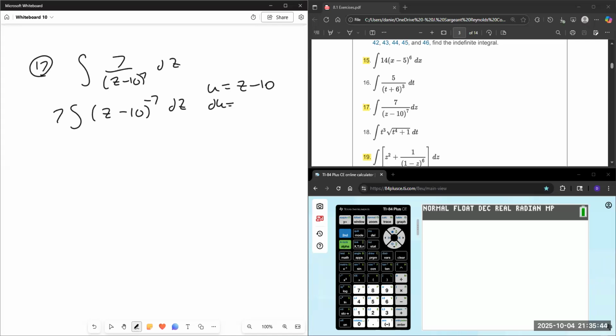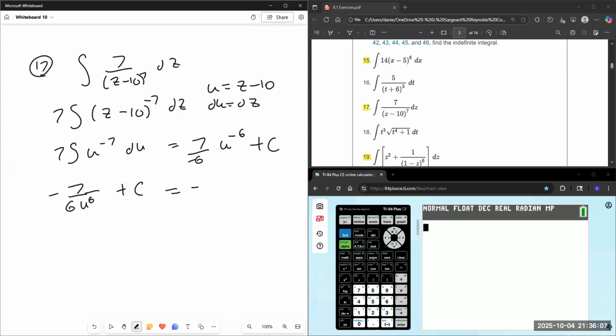My du is dz. 7 integral u to the negative 7th du is 7 over negative 6, u to the negative 6th plus c, which is negative 7 over 6 u to the negative 6th plus c, where u is z minus 10, so negative 7 over 6 times (z minus 10) to the negative 6th plus c.